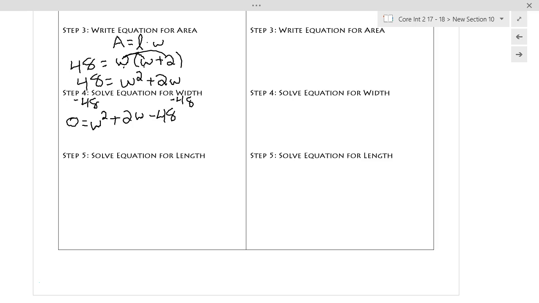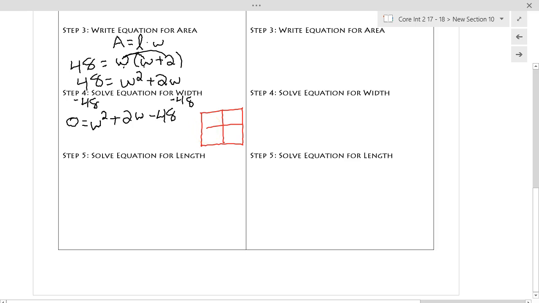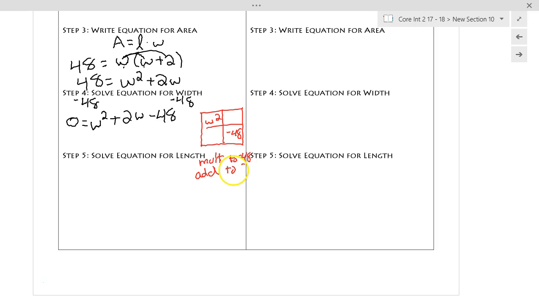If I have a quadratic, if I have that squared, I need to factor, right? So I have W squared, I have negative 48. I am multiplying to negative 48 and adding the positive 2. Looking up those two numbers, what multiplies to negative 48 but adds to 2?